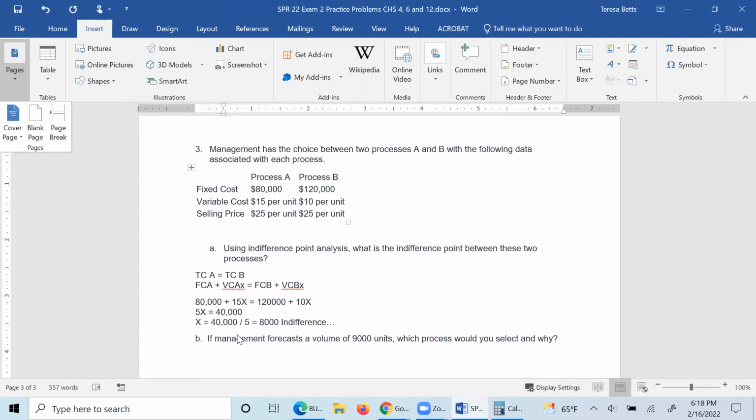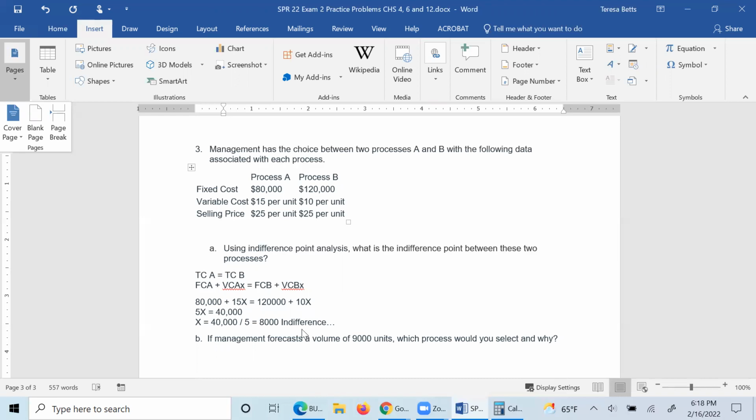If I have a forecast of 9,000 units, then the question becomes, which process should I use? What you see is that with process A, we have lower fixed costs and higher variable costs. And with process B, we have higher fixed costs and lower variable costs.